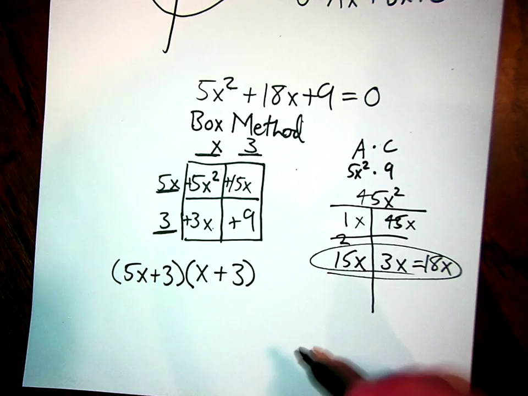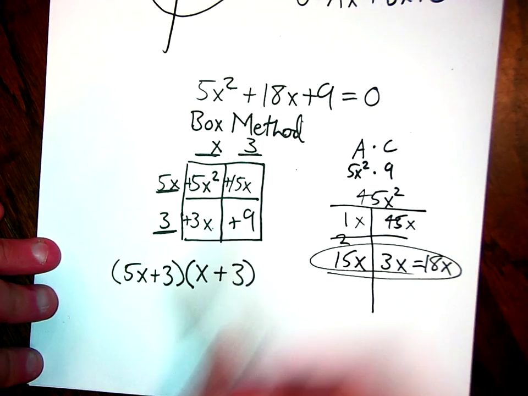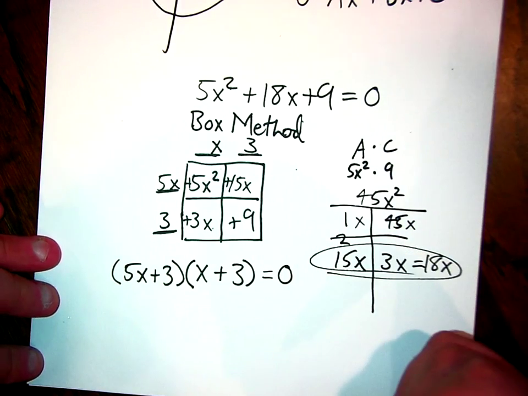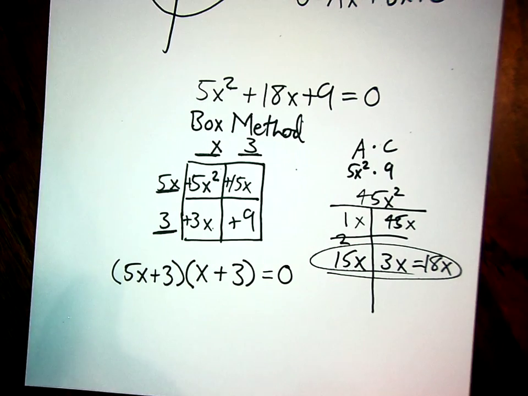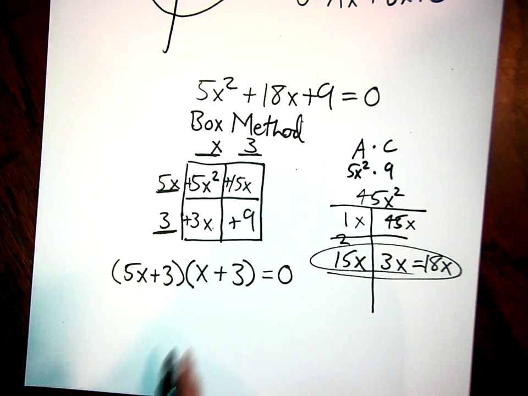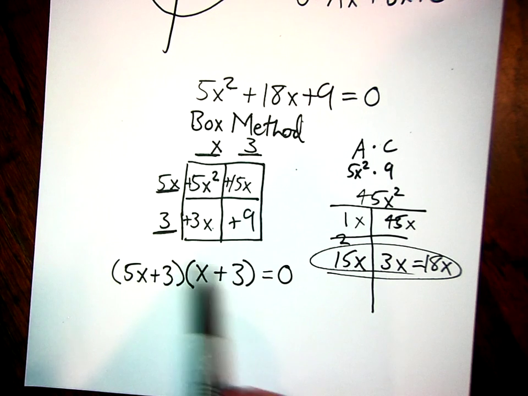So instead of putting this trinomial, I'm going to use this binomial and set it equal to 0, just like the original. Now, this is where a special mathy thing comes into play, because what we want to know is, for what value of x is this thing going to go to 0?